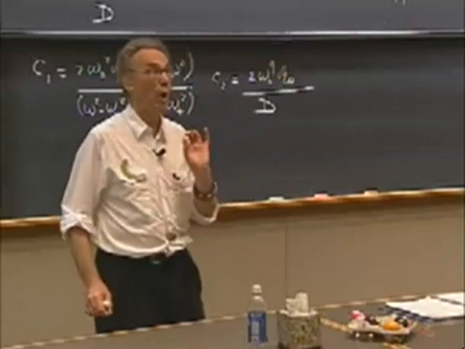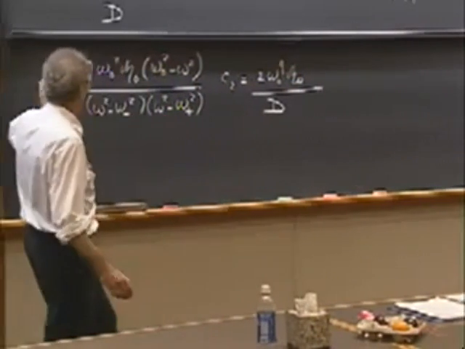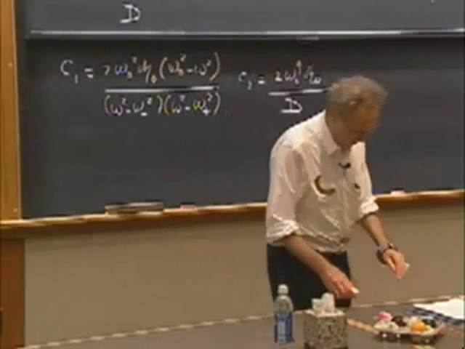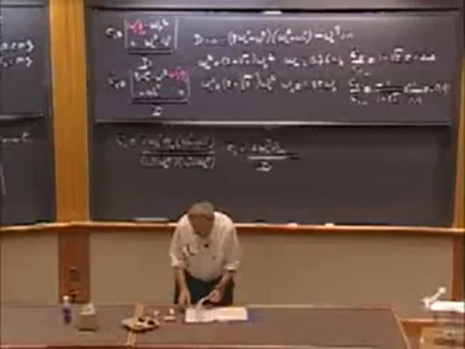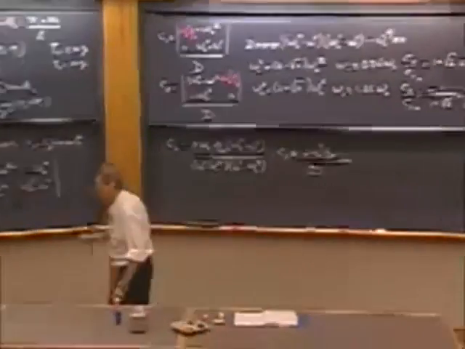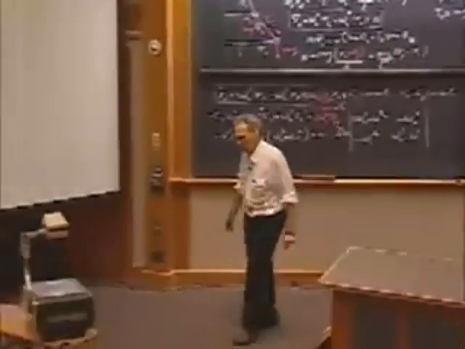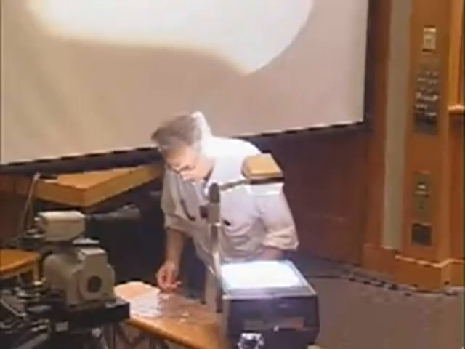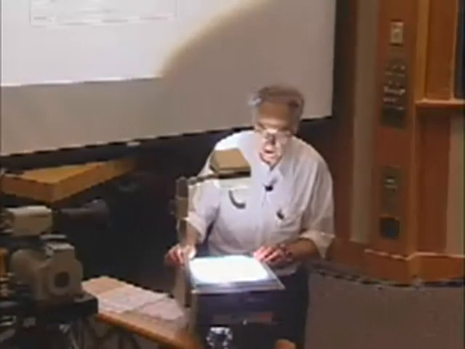You also know C1 over C2, of course, because you know C1 and you know C2. And I'm going to show you this as a function of omega, and then we will try to digest that together. And this plot, like the other plots that I will show you later today, will be on the 803 website. They will be part of lecture notes. So you have to click on lecture notes, and then you will see these plots.